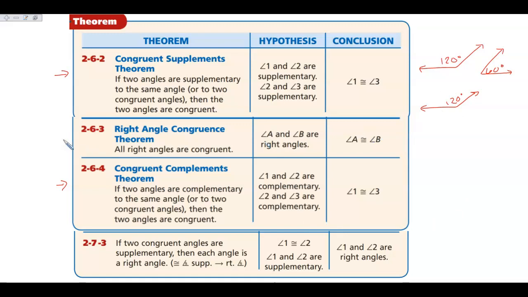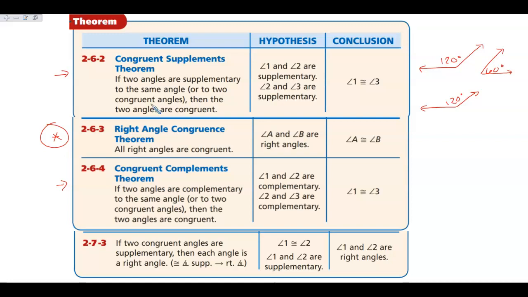Another one that we're going to use quite often in our proofs is that all right angles are congruent. Notice that these first three theorems have names. I'm never going to ask you to actually memorize the name of the theorem. You can always just write what the theorem is saying.